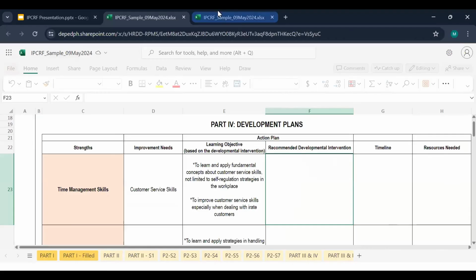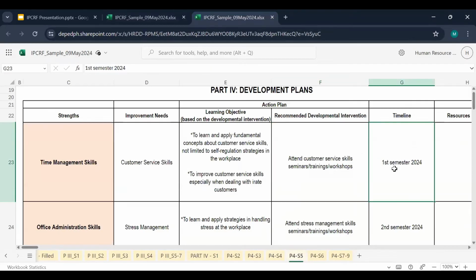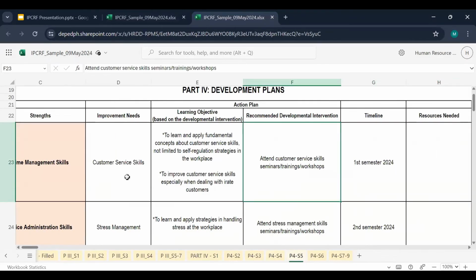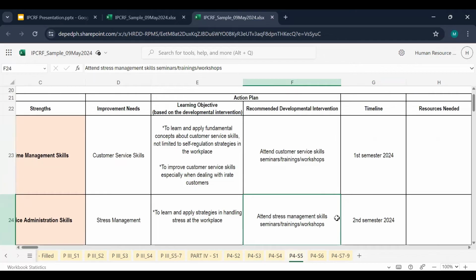For example, the timeline agreed between the ratee and rater for the first intervention, that is to attend customer service skills, is within the first semester 2024, while the timeline agreed between the ratee and rater in attending the stress management skills is within the second semester 2024.